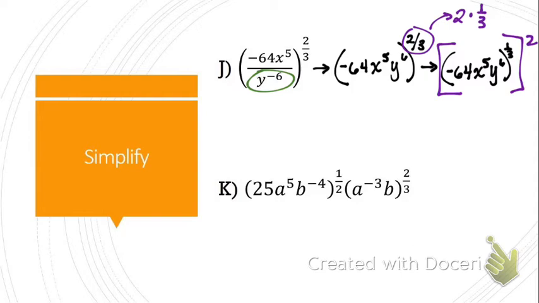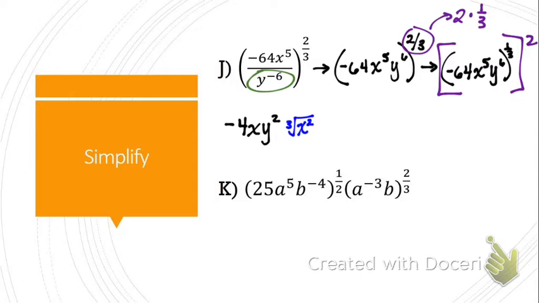What is that? Negative 4. So let's take that negative 4 out. X to the 5th, I can take one of them out. And then we still have how many left? 2. And then I'm going to have a y squared. So cubed root of x squared.